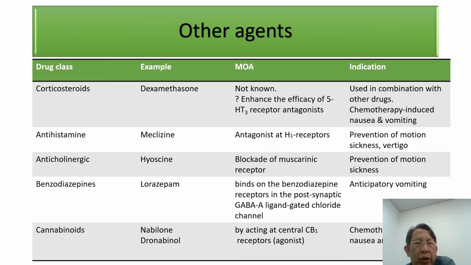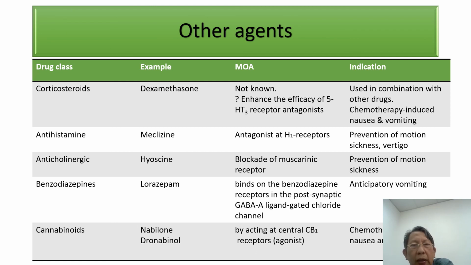Other drugs can be used as antiemetics: corticosteroids, antihistamines, anticholinergics, benzodiazepines, and cannabinoids. Sometimes we use antihistamines for prevention of motion sickness.